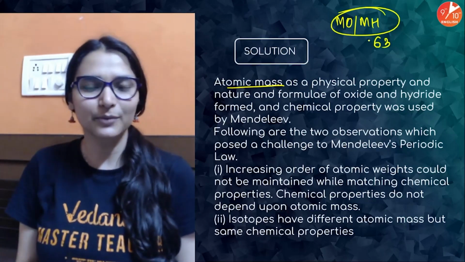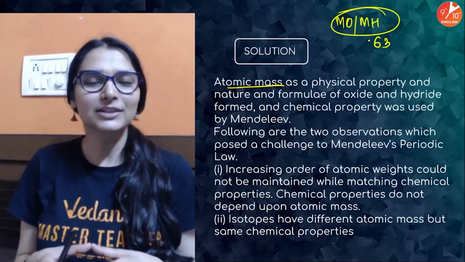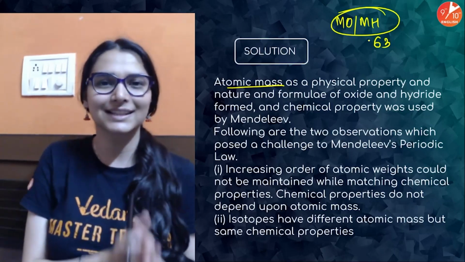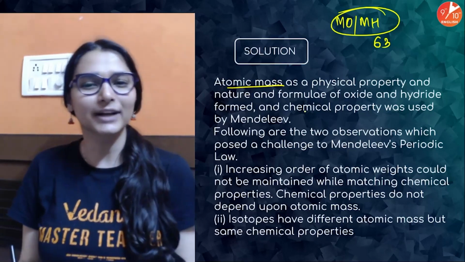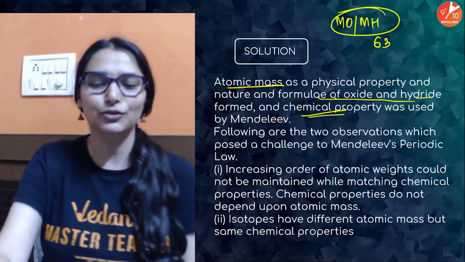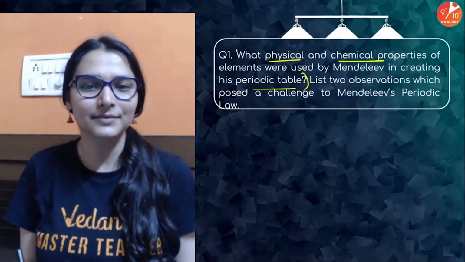He took those elements and made their oxides and hydrides. The elements whose formulas of oxides and hydrides were the same were put together in the same group and were found to have similar chemical properties. So for chemical property, the oxide and hydride formulas were taken into consideration. Easy peasy, you can score 1 mark till here.